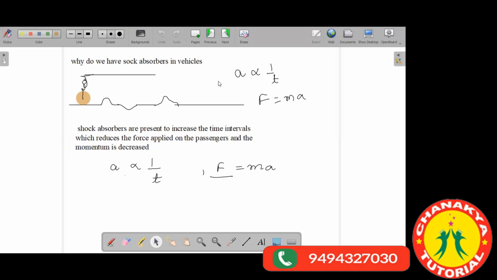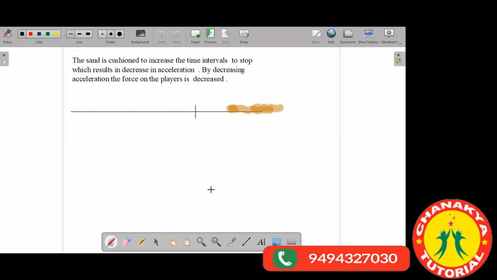Okay. So for the third law of motion, see, in your complete physics, if you are able to understand this third law of motion, this is a very important law.